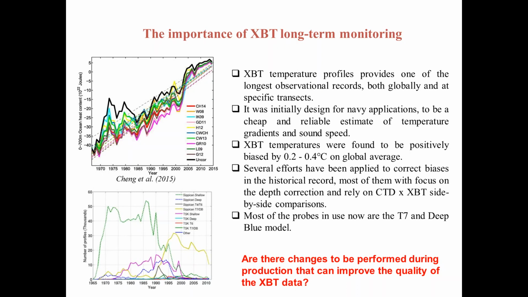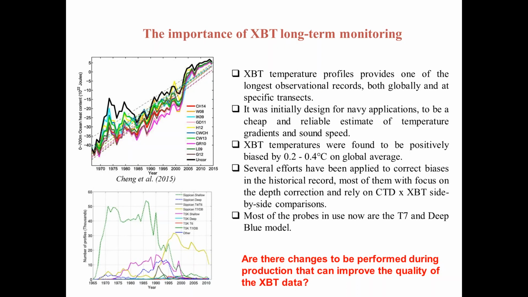XBT data, in comparison to CTD and bottle data over the history, was found to be generally biased, with a positive bias of 0.2 to 0.4 degrees Celsius over time, and a lot of effort has been devoted to correcting the data over the historical record.